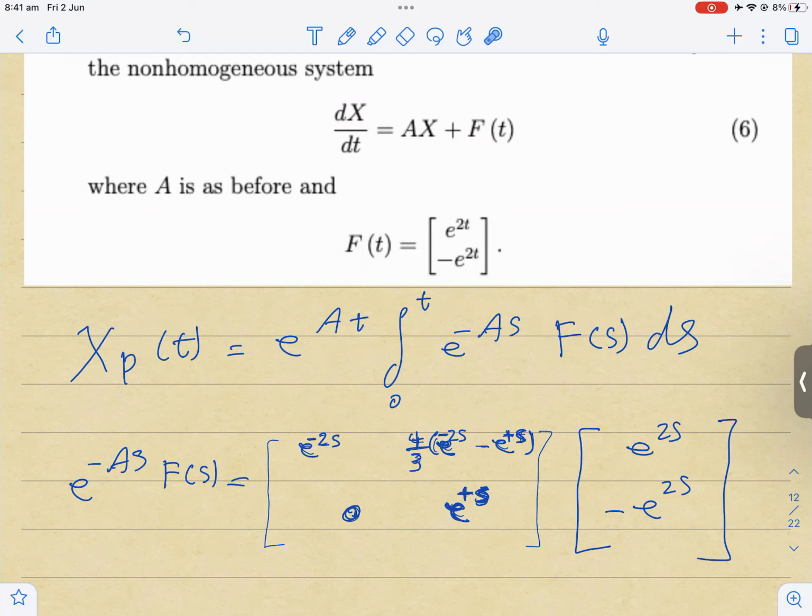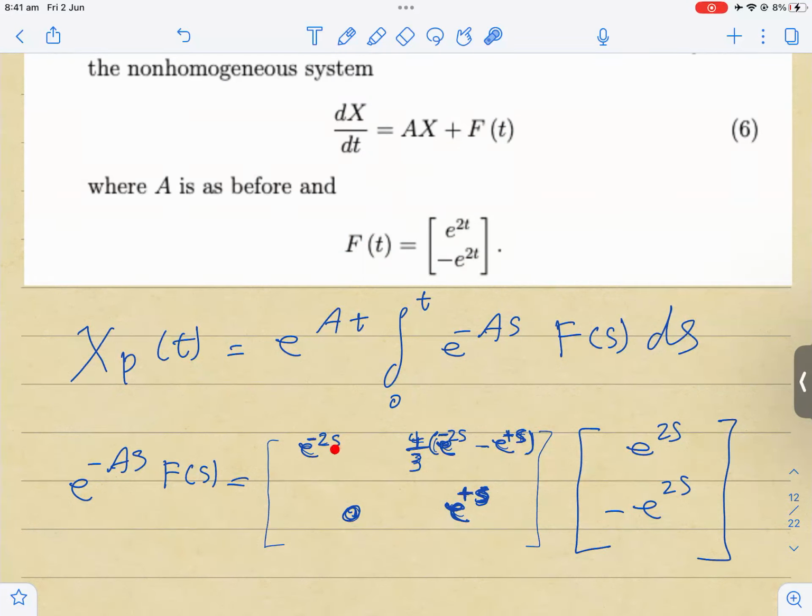What I don't like here is the whole thing. But anyway, we don't have any choice. We should go through it. So the integrand here is e to the minus As f(s), meaning this guy, we have obtained it already.